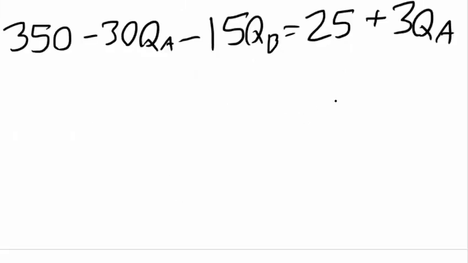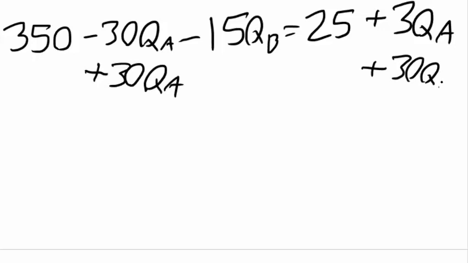And what we want to do is solve for QA in order to get a reaction function. So what we will do is add 30 QA to both sides, as well as subtract 25 from both sides.